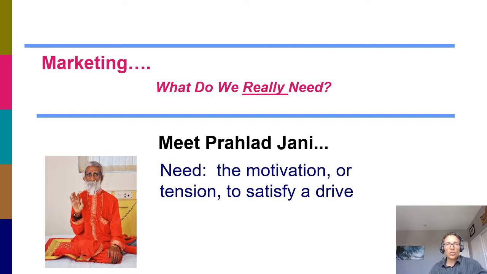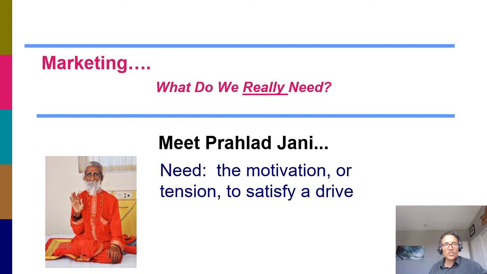So this picture of Prahlad Jani, he's an Indian man, and he's what we call a breatharian. Breatharians are Indian people, spiritual people, who believe that through their devotion and their prana, their life force, that they can live on breath alone, meaning they don't eat, and they can go several days without drinking.